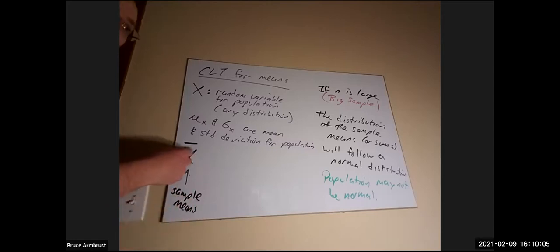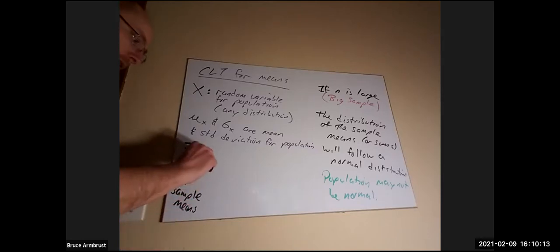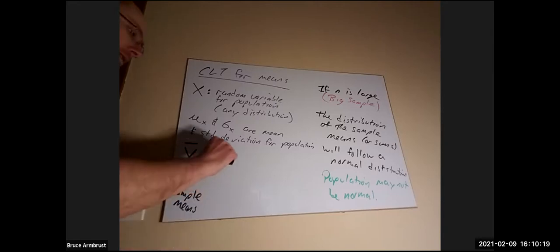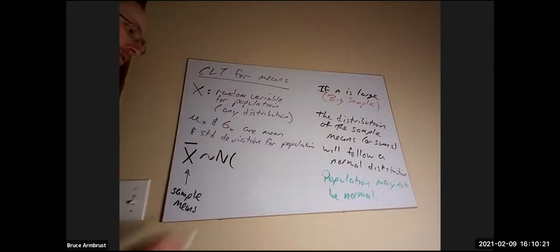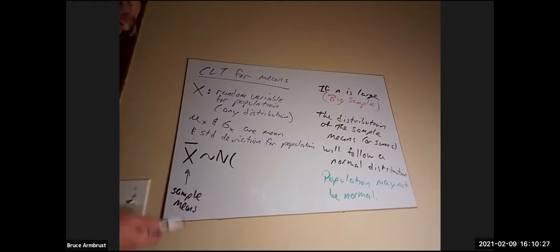In general, when you put a bar over, that means average or mean. So we know that if n is big enough, we have a large enough sample, this is going to follow a normal distribution. So the question is, what are the mean and standard deviation of the distribution of sample means?